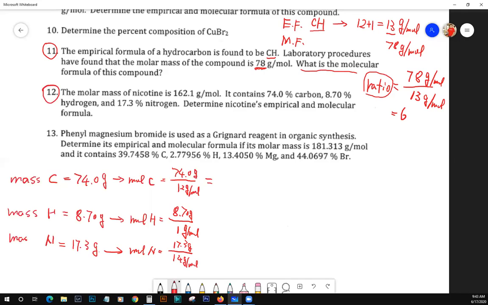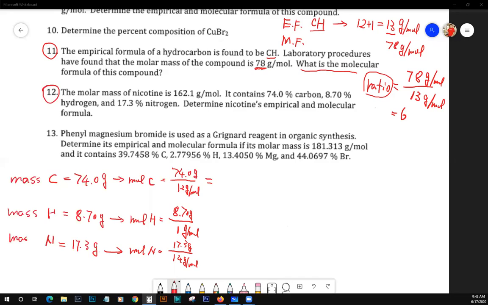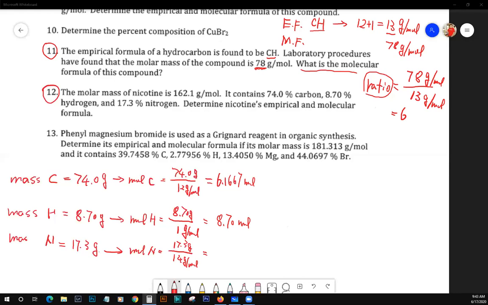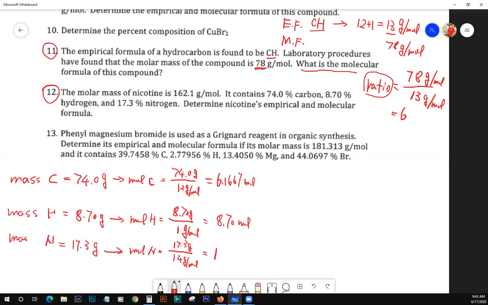Then put this into the calculator. 74 divided by 12 is 6.1667 mole. Hydrogen is 8.70 mole. And 17.3 divided by 14 is 1.2357 mole.